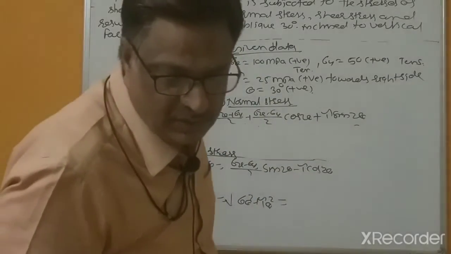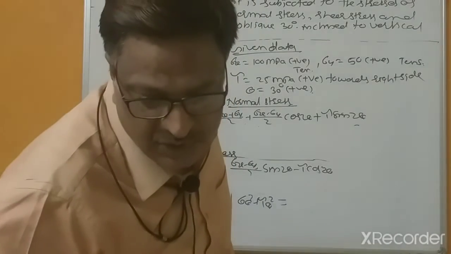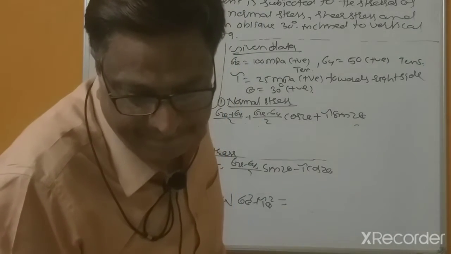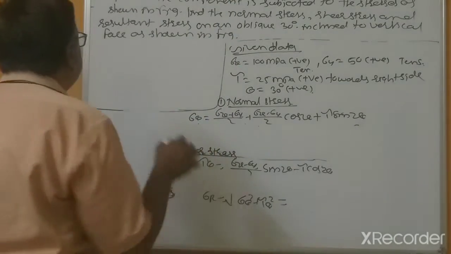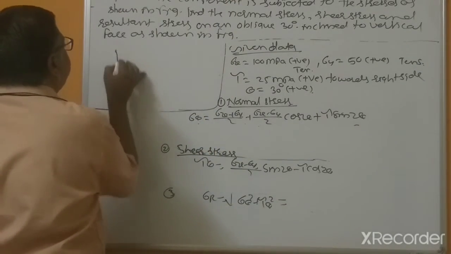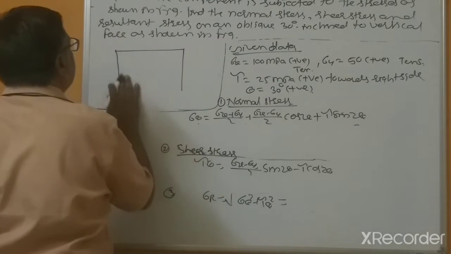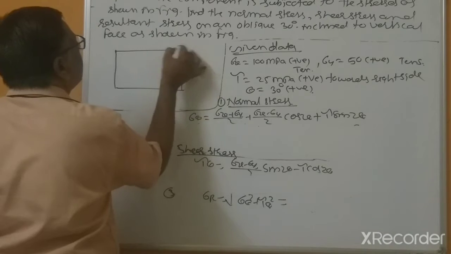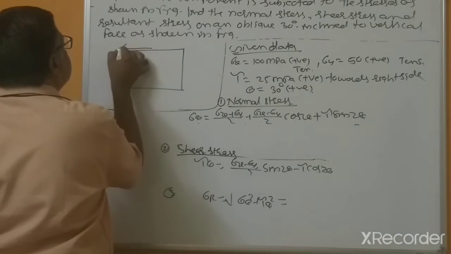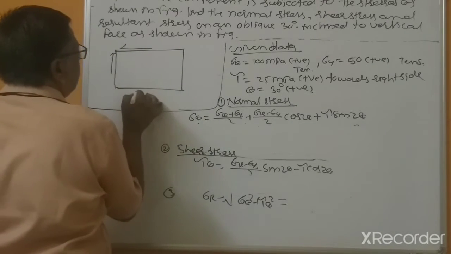Figure. So we require these figures because, as shown in the figures that are given, there is only a change of sign. In the previous one the shear stress was towards the right side, now it is on the left-hand side.